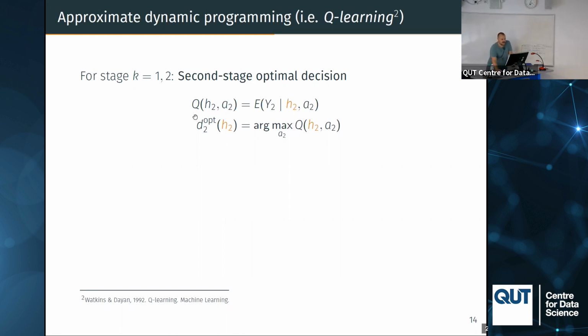We use this Q notation just to make things a bit simpler because it gets complicated in more complex presentations. But the Q function is just the conditional expectation of the second stage outcome, conditional on the patient history and the treatment received.